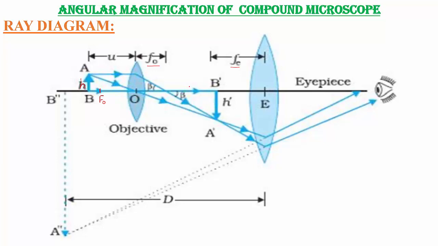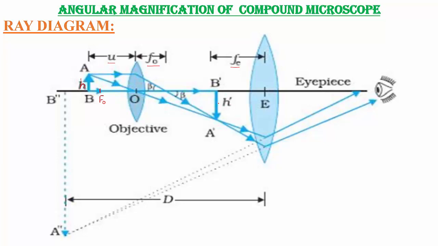See here, the object is kept just beyond the principal focus. Here the object distance is taken as u. Focal length of the objective lens is f0. Refraction of light takes place. These two refracted rays are converging at A dash B dash. Now, what is A dash B dash? This is the image of object AB. So, the height of the image, let us take it as h dash.